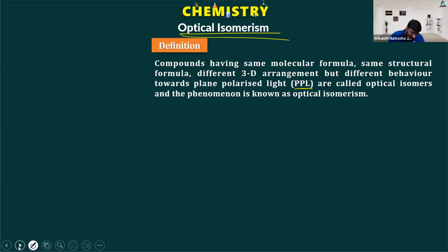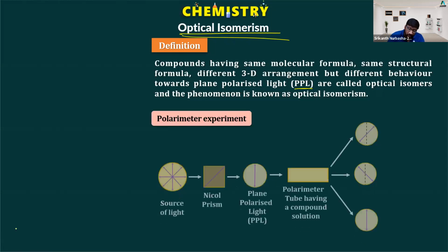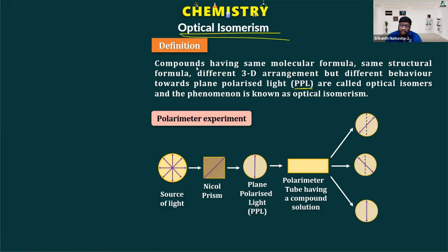What is optical isomerism? Compounds which can rotate the plane polarized light, which in short form is written as PPL. If an organic compound is there, of course, most organic compounds may be present in the solid state. So we have to take a particular solvent and dissolve the organic compound. We have a small tube known as a cuvette tube.